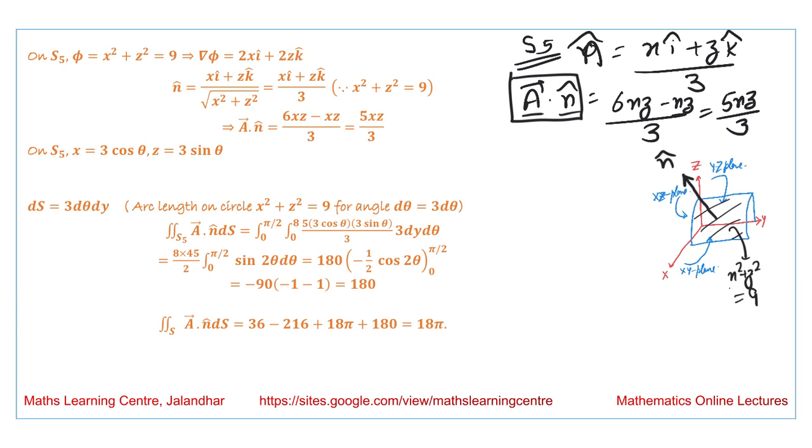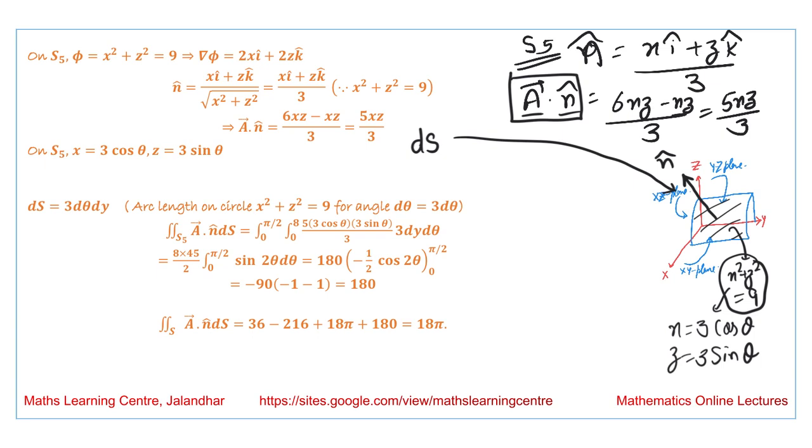So for the equation of this circle, we can write x is equal to 3 cos theta and z is equal to 3 sin theta. So this ds will be equal to 3 times d theta dy.